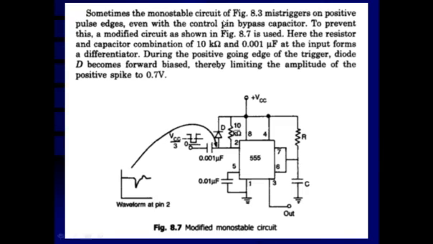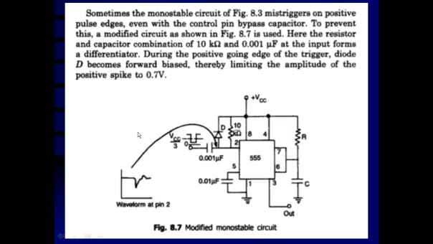Sometimes the monostable circuit of figure 8.3 is mistriggered on the positive pulse edge also, even with the control pin bypass capacitor. To prevent this, a modified circuit as shown in figure 8.7 is used. Here the resistor and capacitor combination of 10K and 0.001 microfarad at the input forms a differentiator circuit. During the positive going edge of the trigger, diode D becomes forward biased, thereby limiting the amplitude of the positive spike to 0.7 volt.